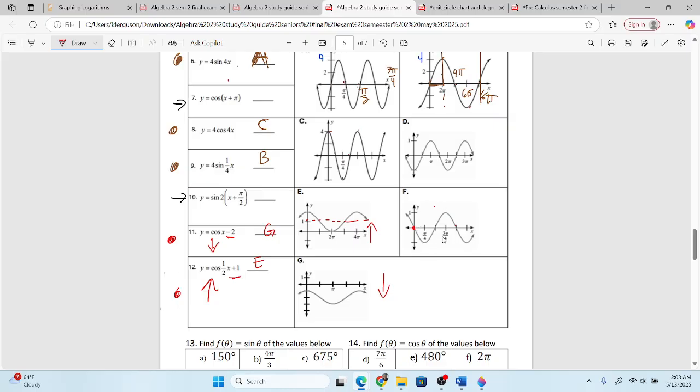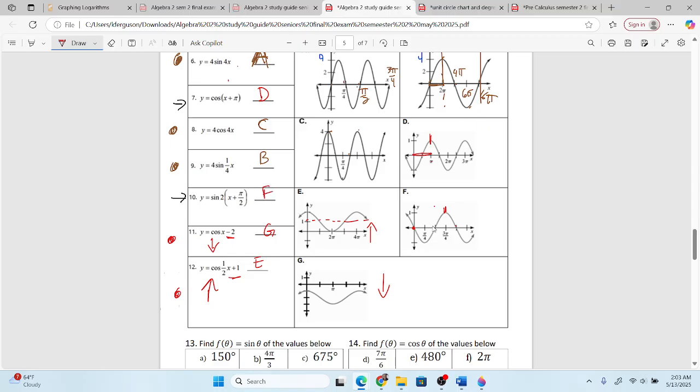Well, look, there is no pi here. If I moved pi, I would have a pi there for my movement, and cosine would have started right here. That's not pi. Well, let's look at this real quick. There's pi, and see that? My cosine would have started up here, moved pi. So that tells me that this is D, and then whatever's left, that's F.